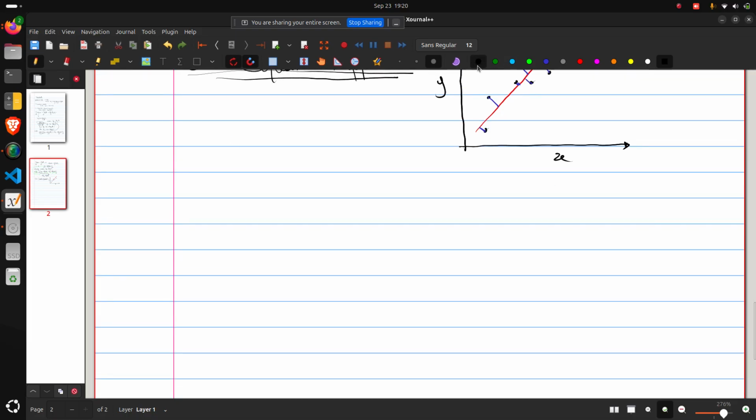Let me construct a 2D mesh to demonstrate how it works. This is a cell in the mesh, let us write it C0, and it is surrounded by 5 neighbors: C1, C2, C3, C4 and C5.